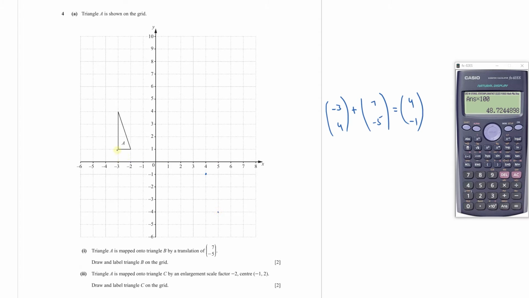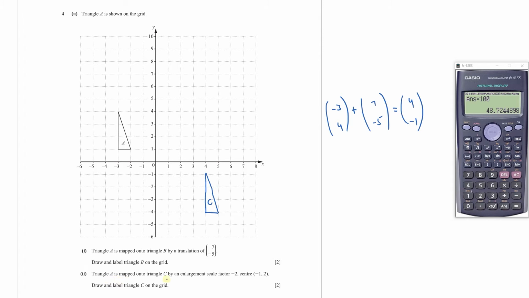And then do the same for this last point. 1, 2, 3, 4, 5, 6, 7, and then 1, 2, 3, 4, 5. So this will be your triangle. You can use the ruler to draw straight lines. I'll just draw this freehand here, so my lines might not be perfectly straight.